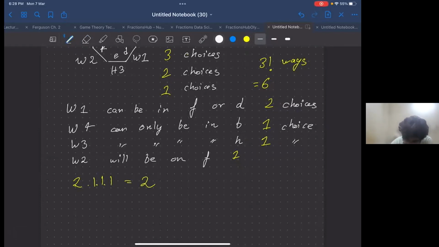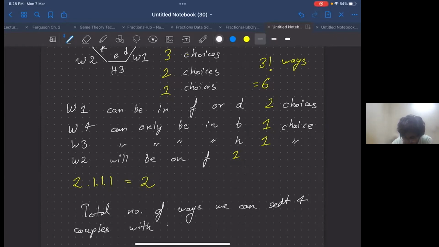So total number of ways we can seat 4 couples with given constraints is 6 times 2, that is 12. And that is the answer.